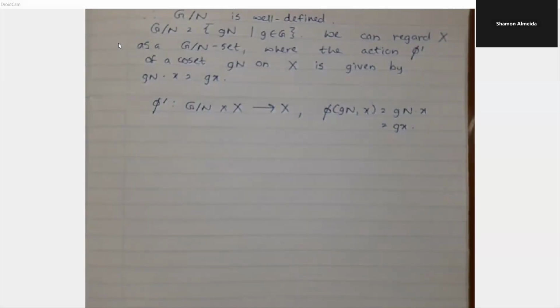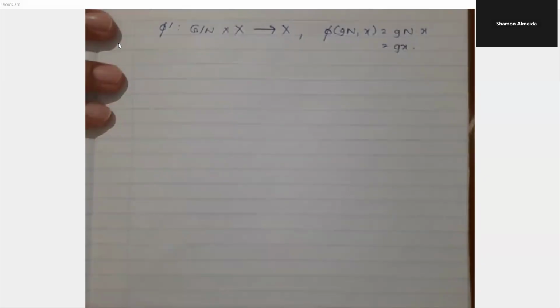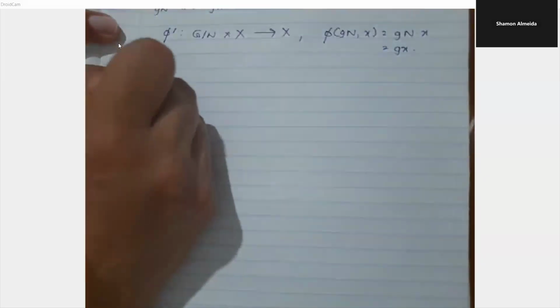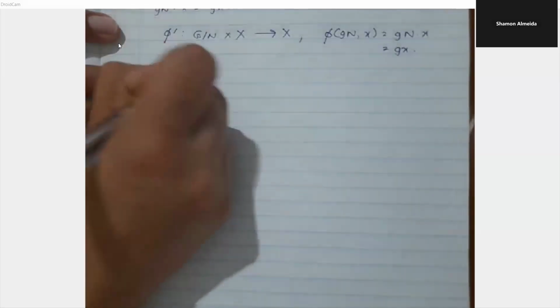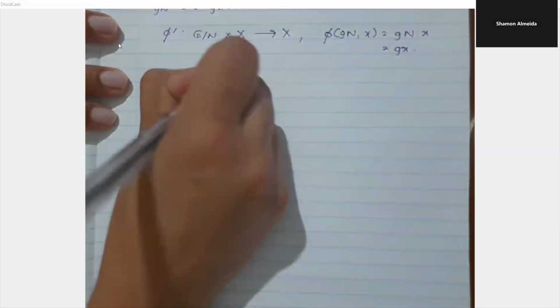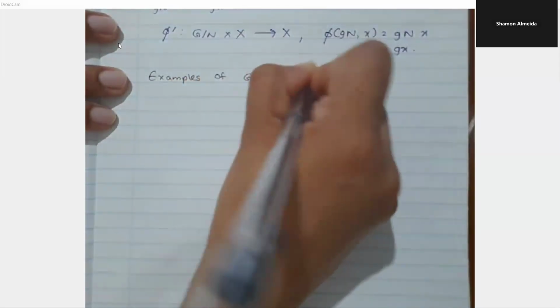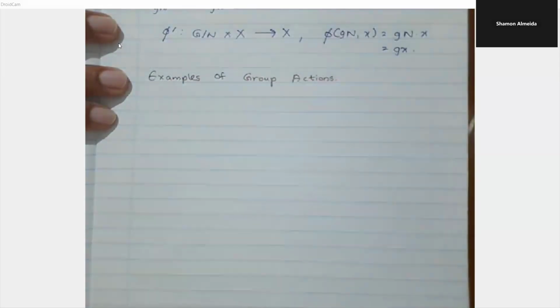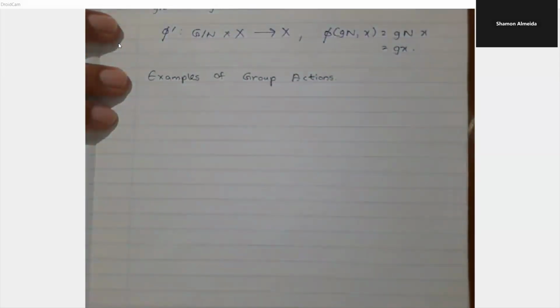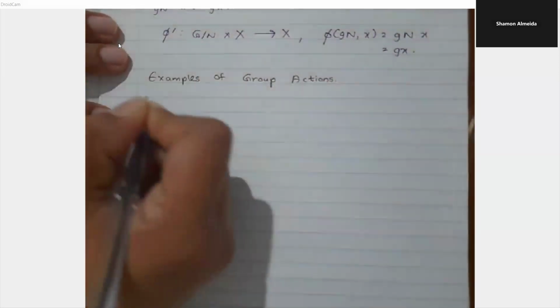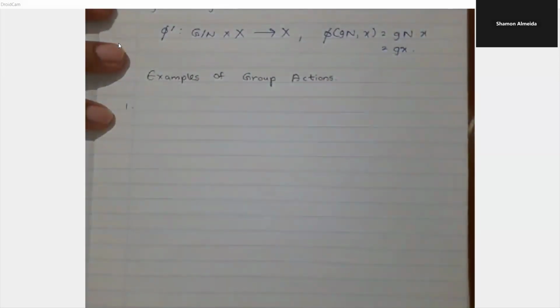Okay, now let's take a look at some examples. Examples of group actions. Okay, first one. Let's take G to be a group.